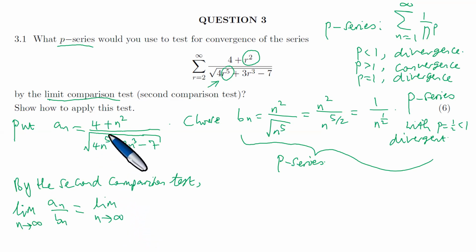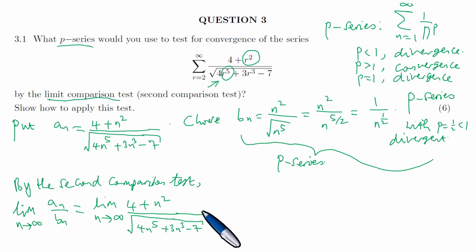Okay, it is everything that's given. It is the general term of the series. So it is 4 plus n squared, all divided by the square root of n to the 5th power plus 3n cubed minus 7. Right, you divide by Bn, which is 1 over n to the half.